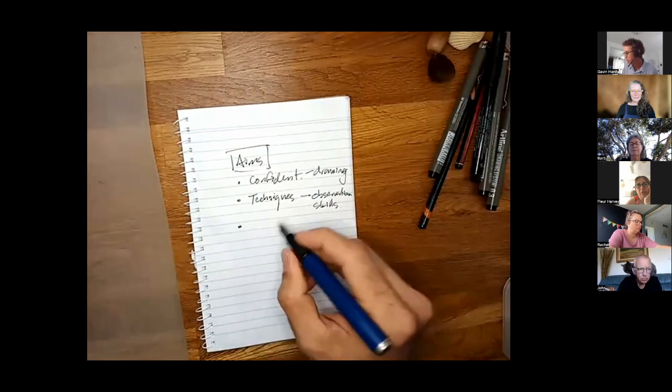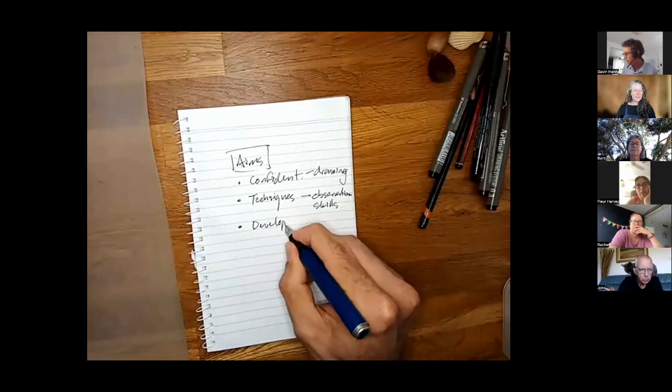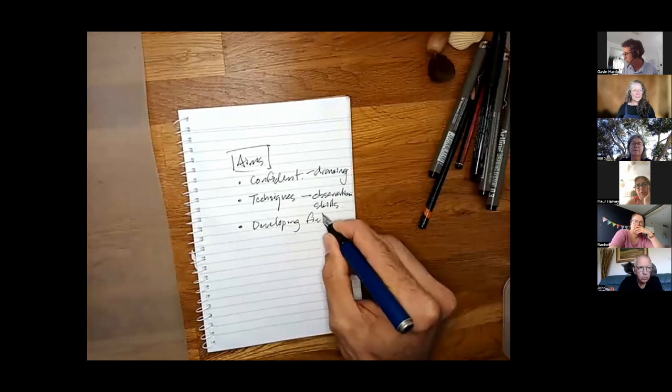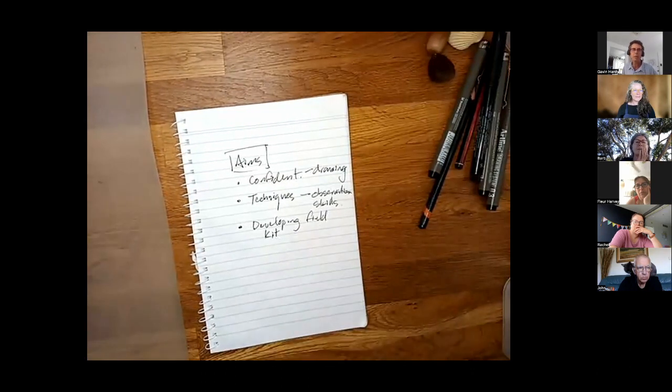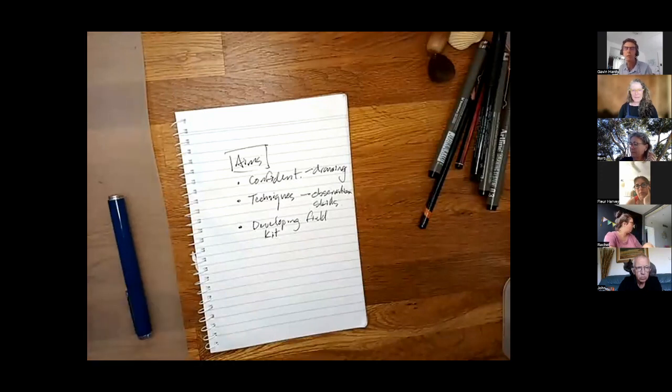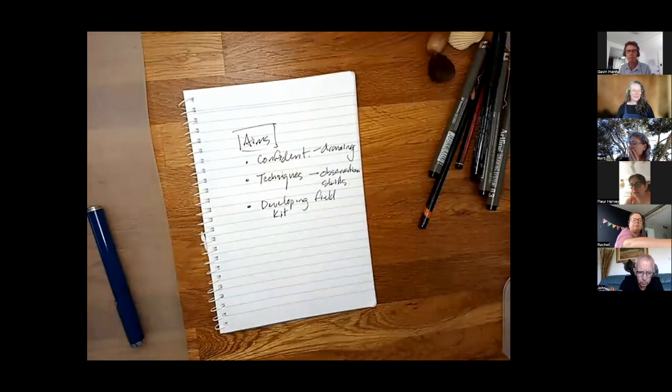And we're going to explore a little bit about developing a field kit that you can take out into the landscape with all your pens and paper and pencils or whatever you want to use, could be charcoal, could be graphite, for getting out there and just observing the world. Okay, so those are my three main aims for today.